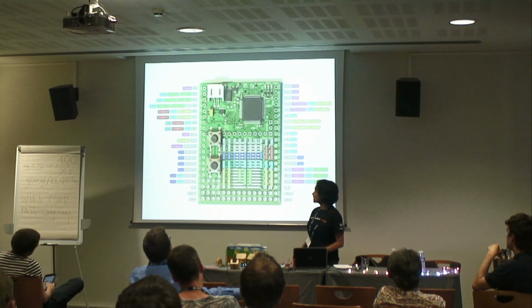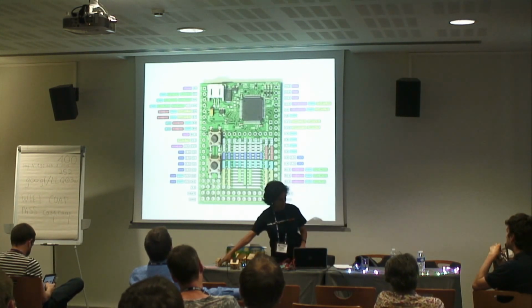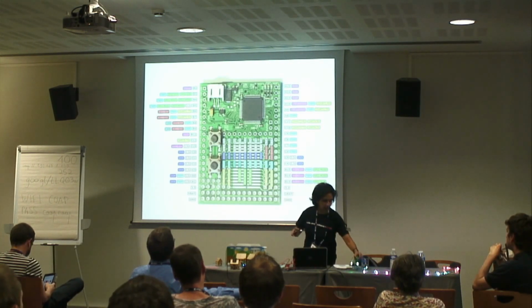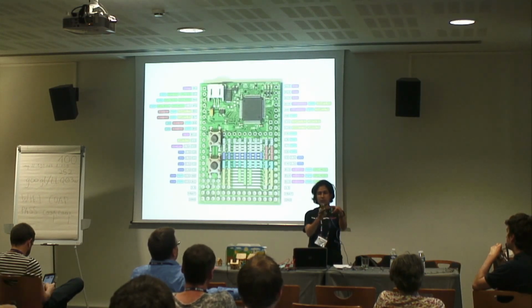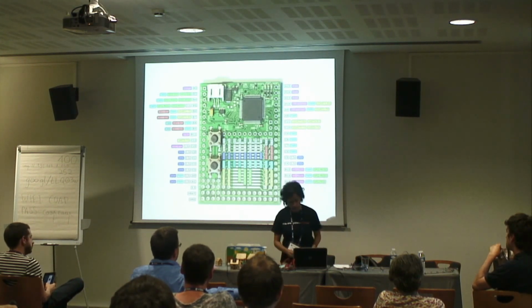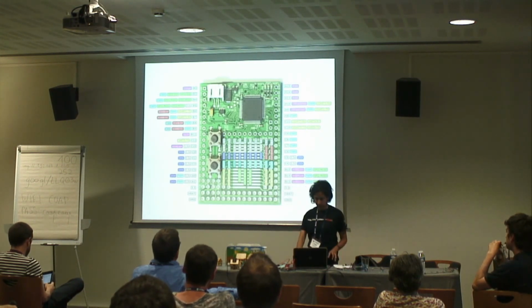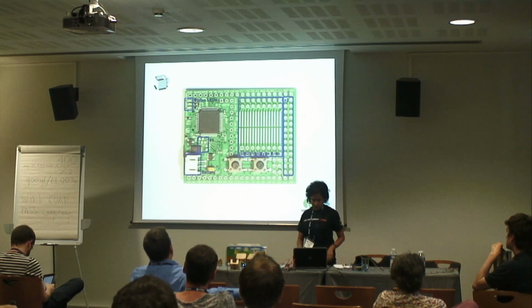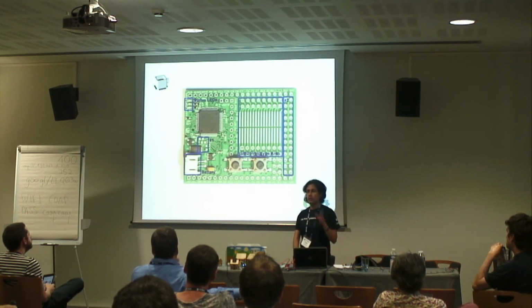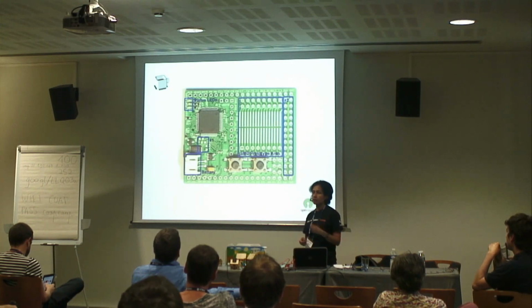Okay, so it's a little board, and if we compare it with that one, that's a Raspberry Pi beside it, so it's pretty small, about the size of a credit card. It's got some nice functionality on there. On this side, you can just see the battery and the prototype area, so it really is for people who want to connect custom parts to it.